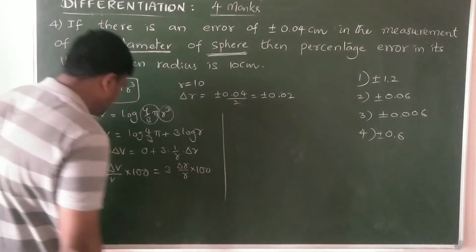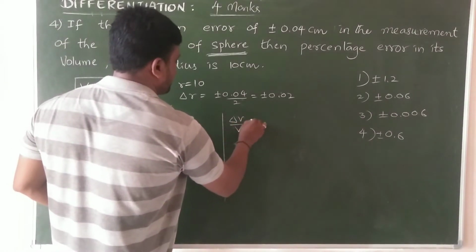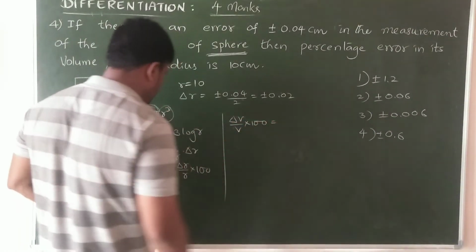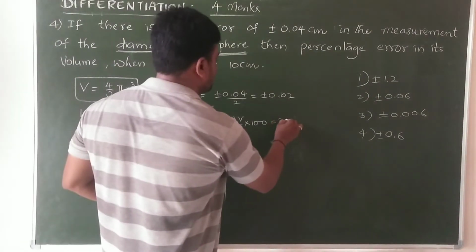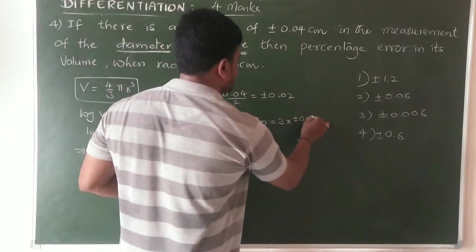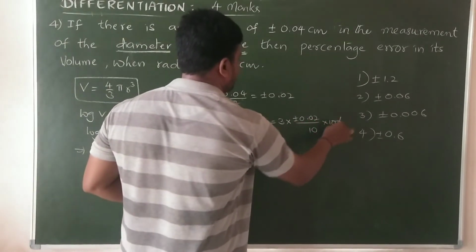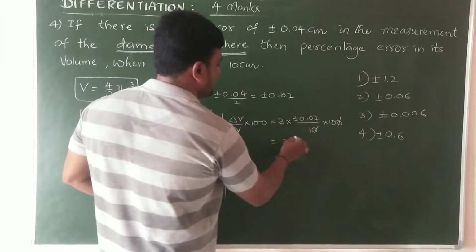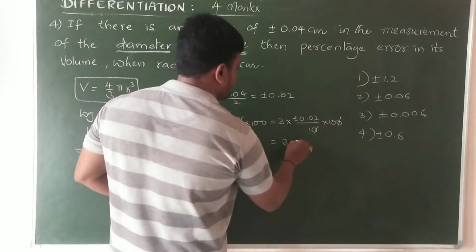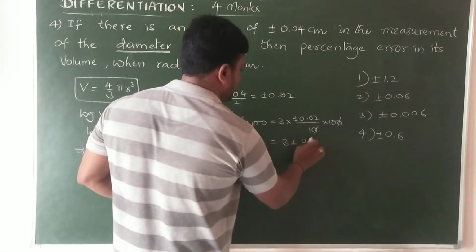Then the percentage error of volume equals 3 into what? Delta r should be plus or minus 0.02 by r, which is 10, into 100. Then plus or minus 0.02 into 10 is 0.2 only.